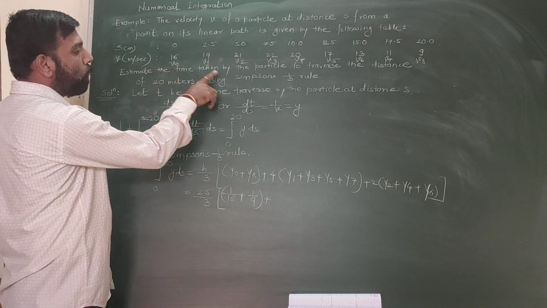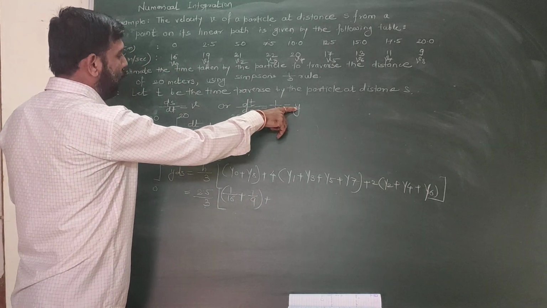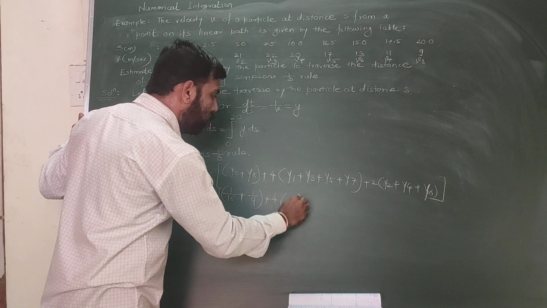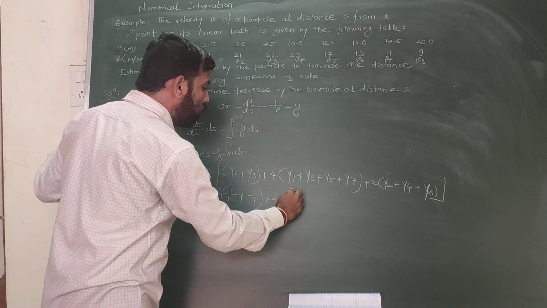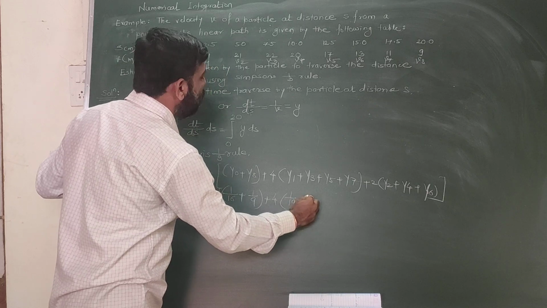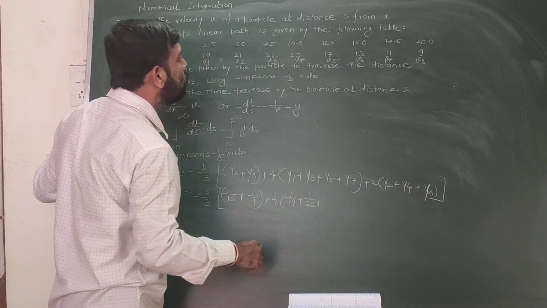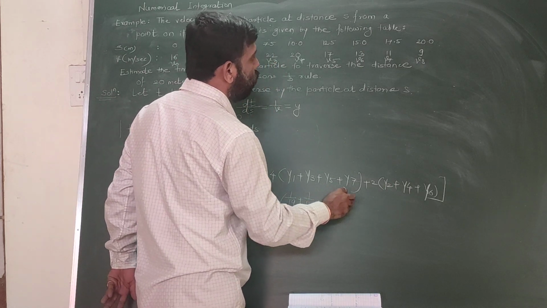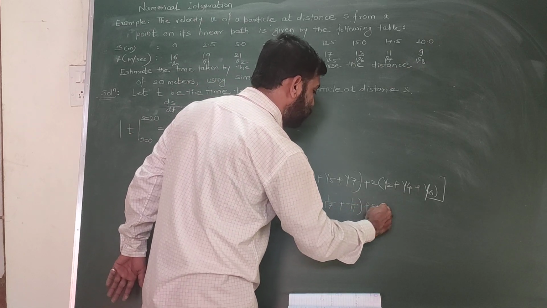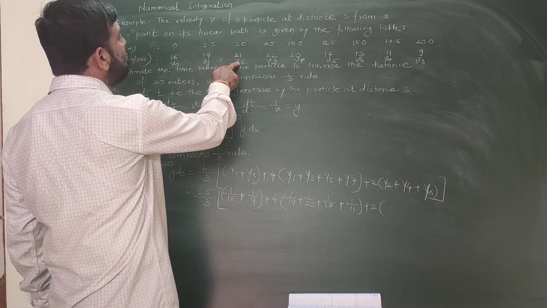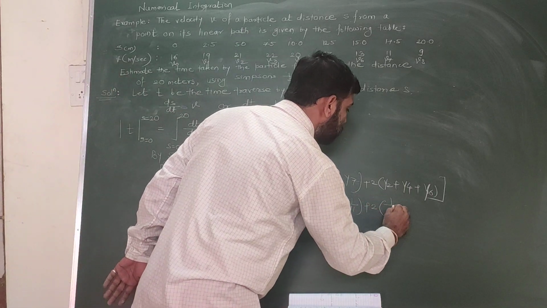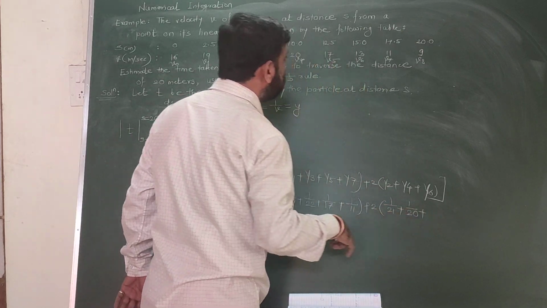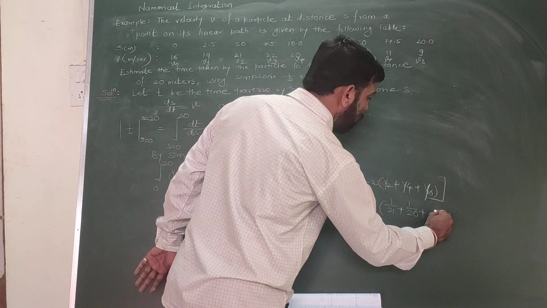Because this is the v0 value, 1 upon v0 is nothing but y, so y0 becomes 1 upon 16 plus 4, y1 value 1 upon 19, y3 1 by 22, y5 1 by 17 and y7 1 divided by 11 plus twice y2 1 upon 21, y4 1 upon 20 and y6 1 divided by 30.